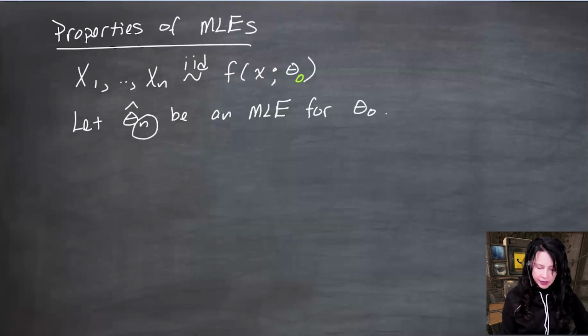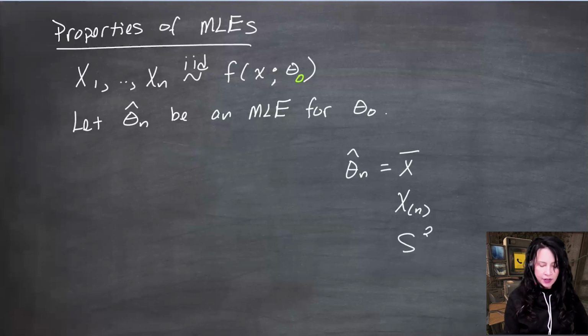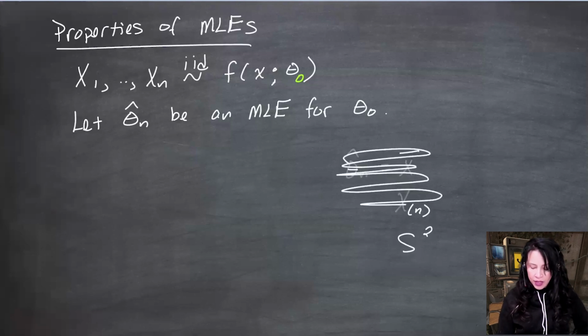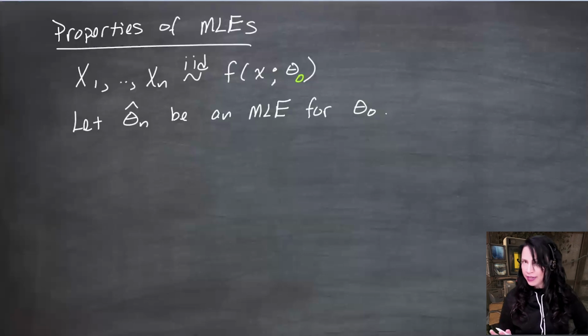I don't always have an n there, but I do want to stress the dependence on n because our MLEs almost always have some dependence on n, like x bar, which is 1 over n, the sum from 1 to n, or x(n), the maximum of n things, or a sample variance, which is also dependent on the number of data pieces. I don't always use it, but I really want to stress the dependence on n.